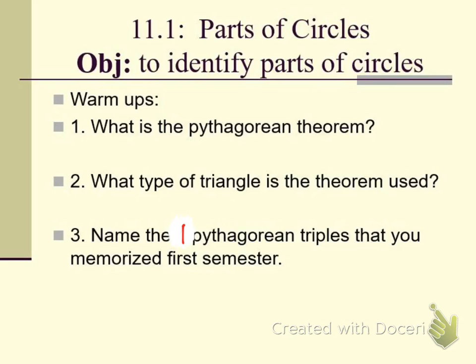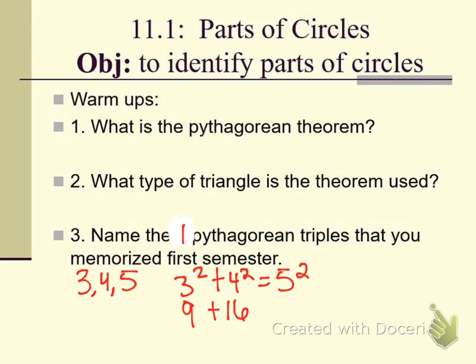So if we're checking 3, 4, 5, yes, as David said, we're going to have 3 squared plus 4 squared. We need to check and make sure that's equal to 5 squared. 3 squared is 9. Plus 4 squared is 16. And yes, 9 plus 16 is 25. So 3, 4, 5 would be a triple.